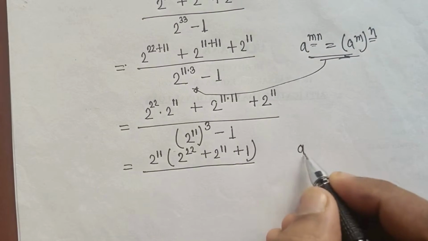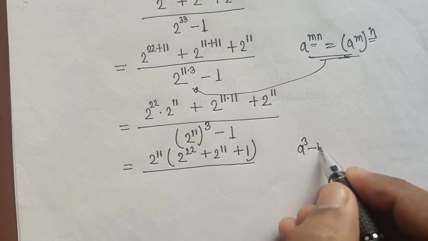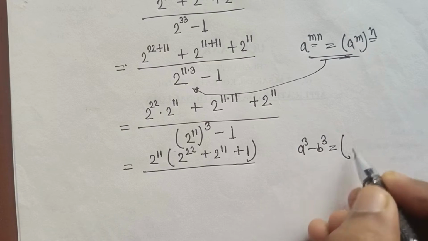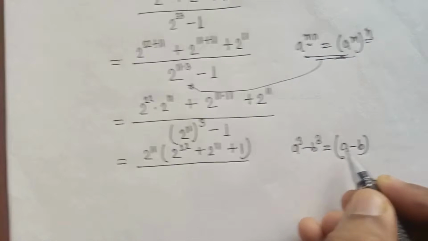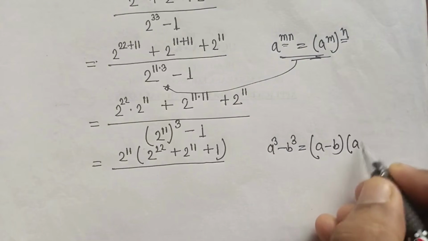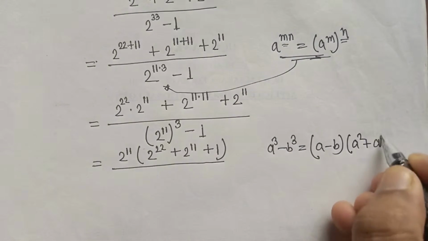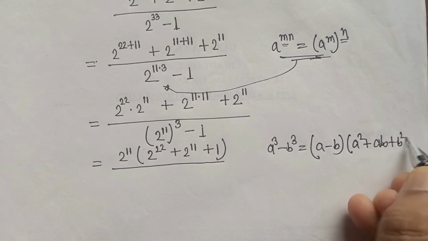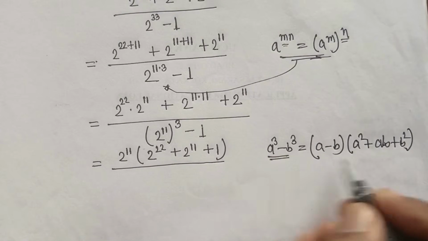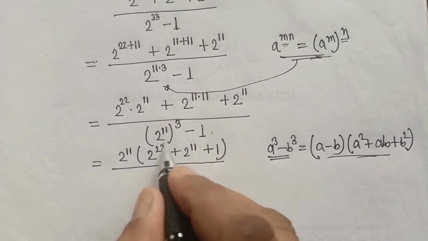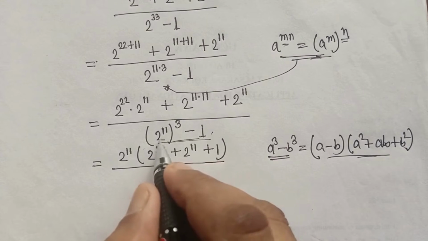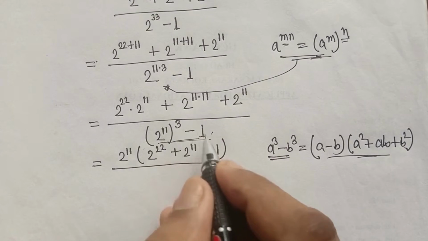now we know the formula a cube minus b cube is equal to a minus b into a square plus ab plus b square. So we are going to apply the same here, that is 2 to the power 11 to the power cube minus 1.